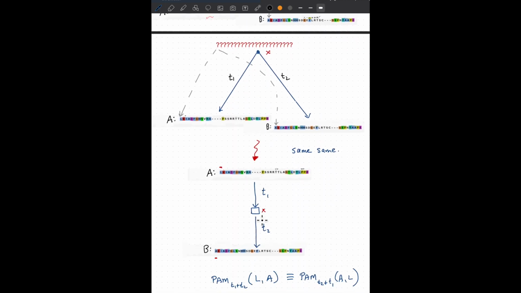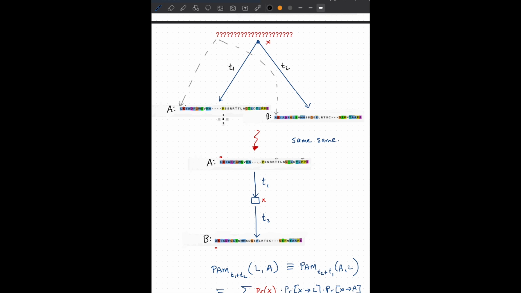Let's rephrase this a little bit, because in the alignment we don't really care about this root. What we want to do is find the best way to align this sequence A with this one, B, and so we can basically re-express this as A evolving to the root, and then the root evolving down to B. So instead of going from the root down and down, we're just going to go this way.